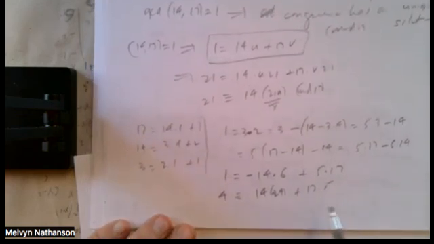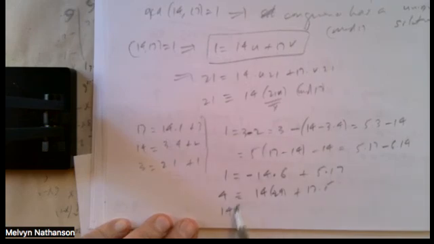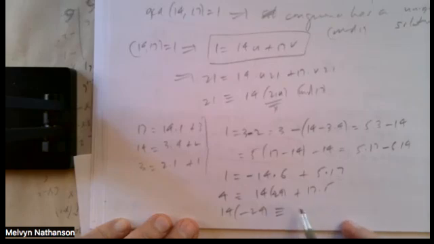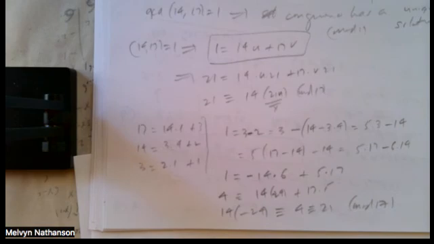So that says that 14 times minus 24 is congruent to 4, which is congruent to 21 mod 17.